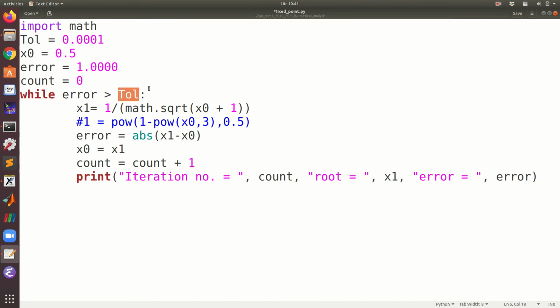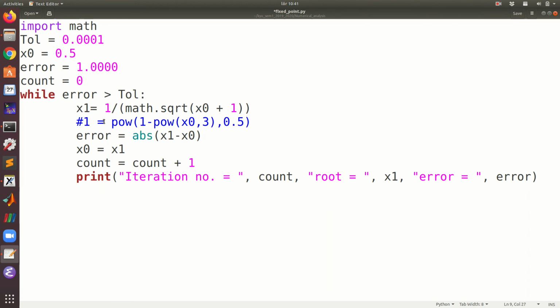And then the tolerance is already given to us. So while we enter the loop here, the error, which is 1, is definitely bigger than the tolerance. So this loop is going to run at least once, then we will compute the error the right way.